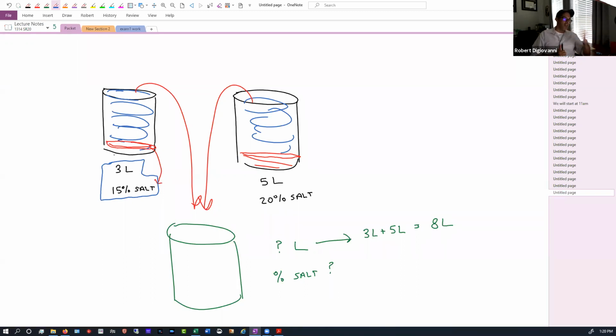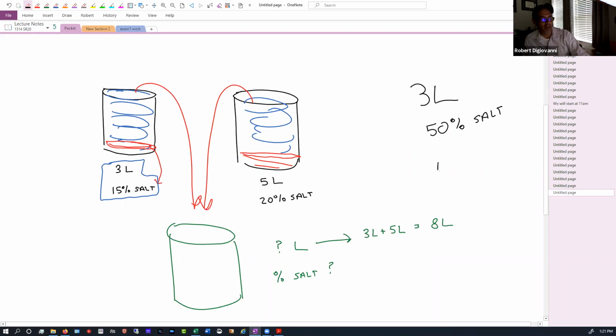But if I told you it was 10% salt, what would you do to figure out how many liters of salt you have? It's a little bit more difficult, right? So maybe if I do it this way, if I said 3 liters and 50% salt, I think most of you are okay with the idea that you have 1.5 liters of salt, because half of it's salt and half of it is water.